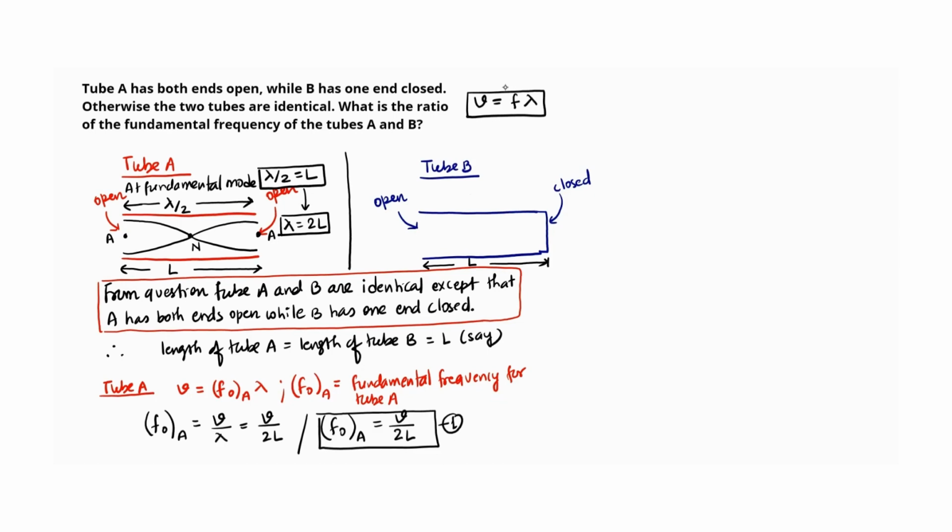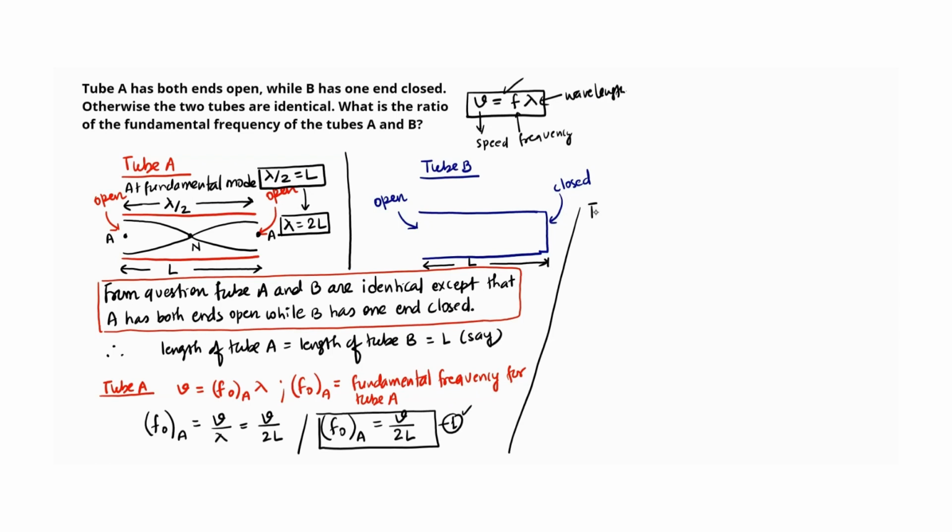As I said earlier, V is the speed, F is the frequency, and lambda is the wavelength.